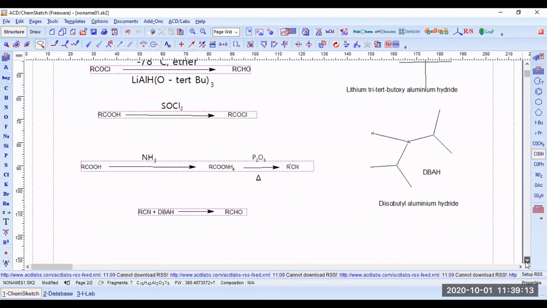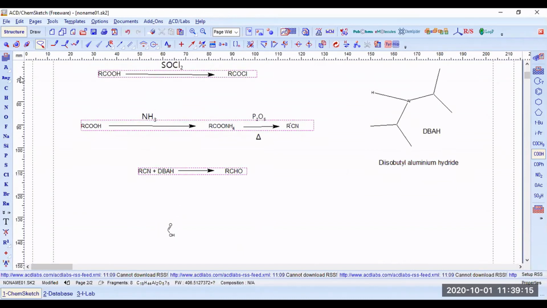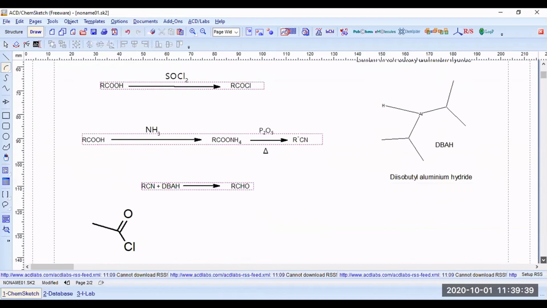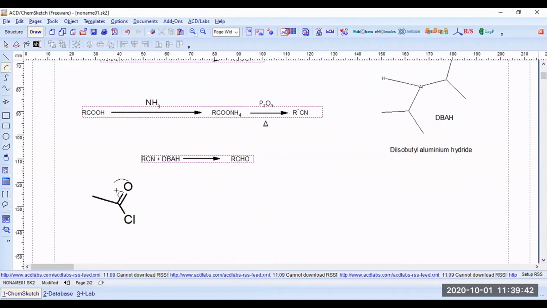Let us take RCOCl. Now in this RCOCl, instead of Cl we are keeping OH, but anyway we will keep this. This oxygen is having an electron pair. This electron pair will shift to this carbon, and sorry, this pi bond will shift first.